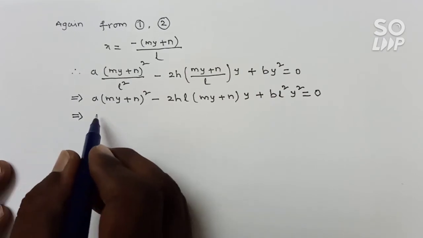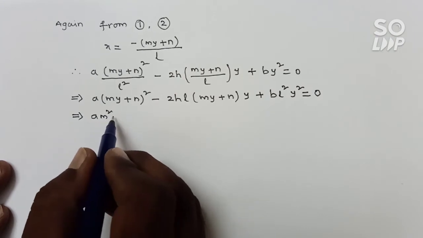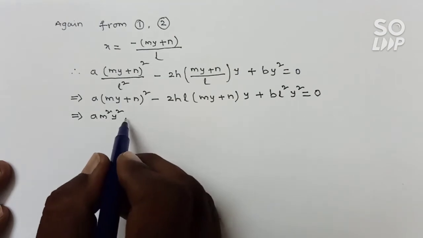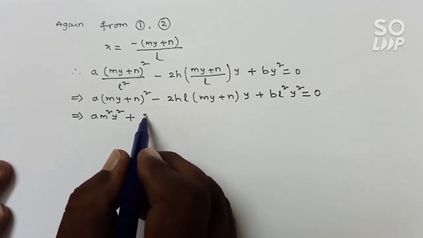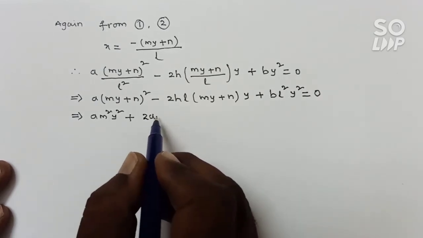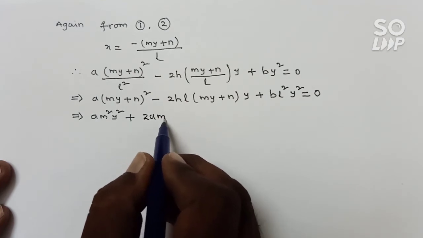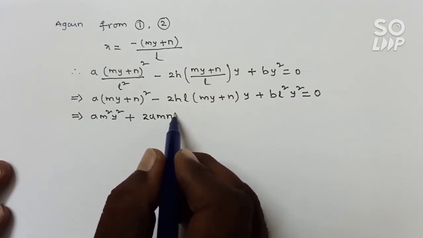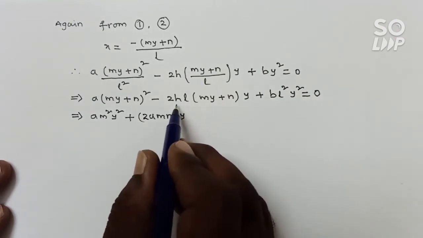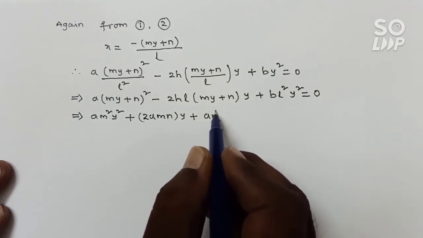Now you expand the first term. This becomes a into m square into y square, plus 2 into a into m into n into y, and next plus a into n square.